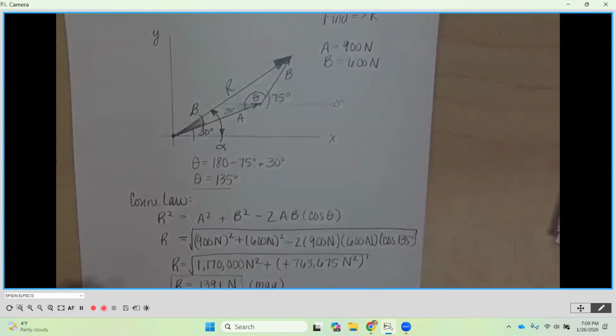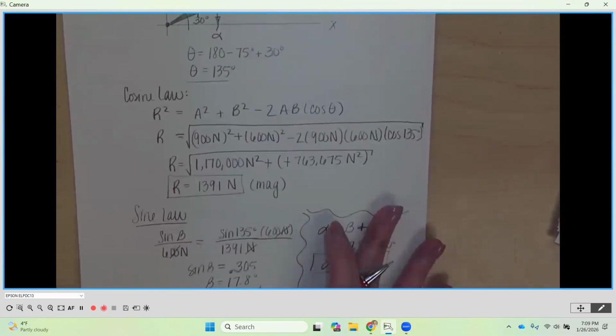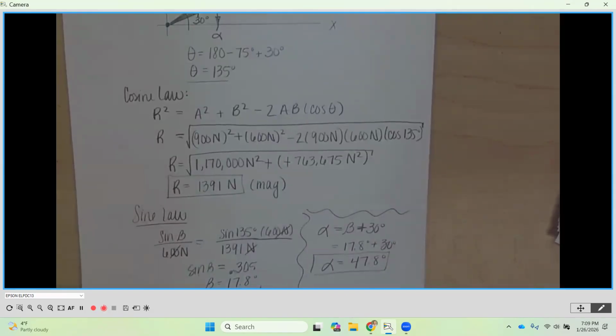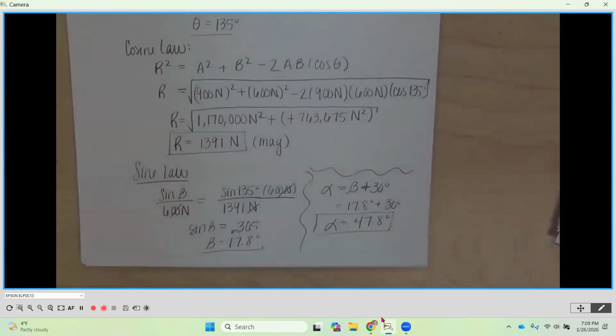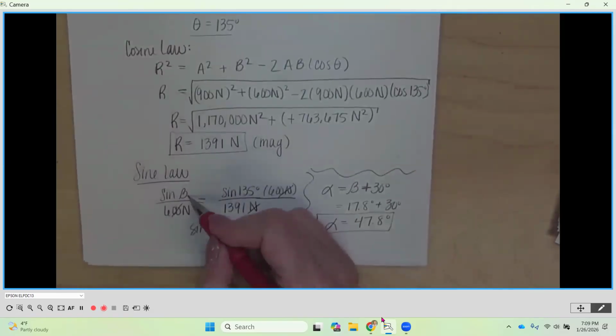Okay? I have a quick question. So for the sine part, what information makes you want to put the 600 newtons on the bottom? Because I keep thinking like SOHCAHTOA. No, you know what? You could put the 600 on top.